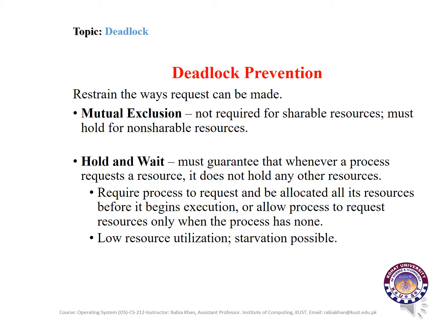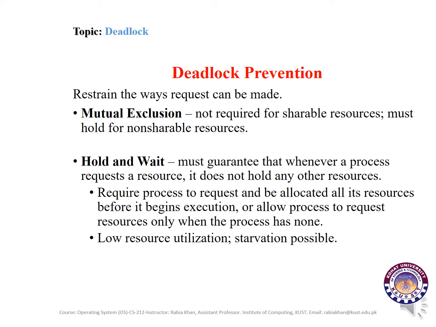What were the conditions? Mutual exclusion, hold and wait, no preemption, and circular wait. So we can eliminate those conditions or any one of them. But how? Here is the technique.